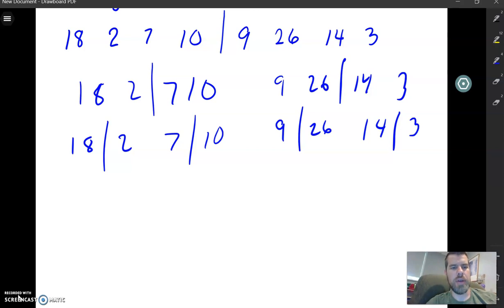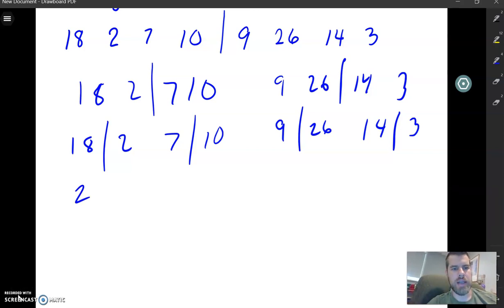The first call would be using the 18 and the 2, and we would give the 18 and the 2, that little partition, to merge, not merge sort, merge. And we would say, merge, could you put these back together in the right order for us? And merge would say, well, which one's bigger, the 18 or the 2? Or which one's smaller, rather? And so it'd be like, oh, 2 is smaller, so it goes into the first spot in that little partition.